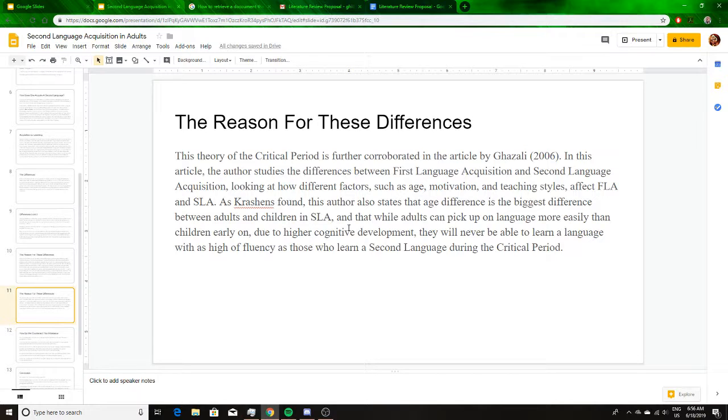And then, as Krashen found, this author also states that age difference is the biggest difference between adults and children, and that while adults can pick up on language more easily than children early on due to higher cognitive development, being able to read and understand things a little bit better, they will never be able to learn a language with as high of proficiency as those who learn a second language during that critical period, which again is exactly what Major stated in her study.